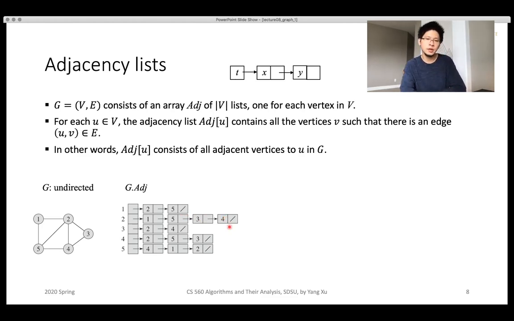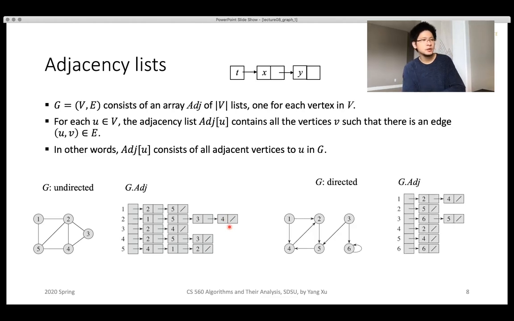In the second example, we use a directed graph, and it's a bit different. The first row is all the adjacent vertices of vertex 1. It should be 2 and 4, right? This is no problem.